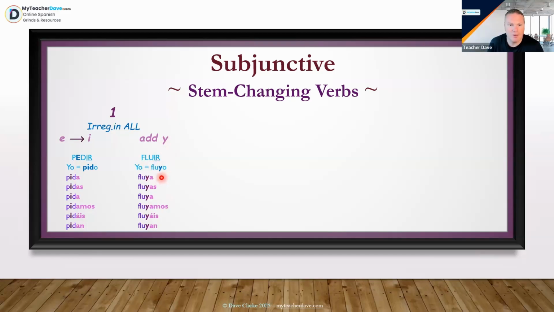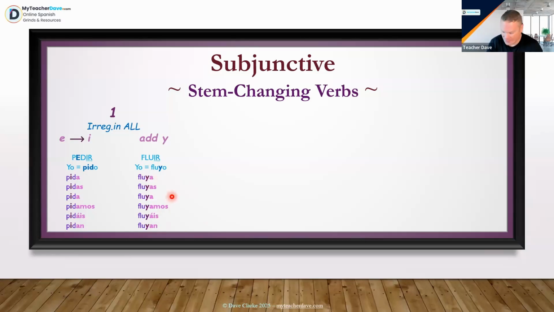So that would give us then fluya, fluyas, fluya, fluyamos, fluyáis, and fluyan. Now, logically speaking, it's very hard for me to think of any circumstance where you would say I flow or you flow, but from a grammatical perspective, this is perfect. You could say things like the water flows, the milk flows, that kind of thing, no problem.